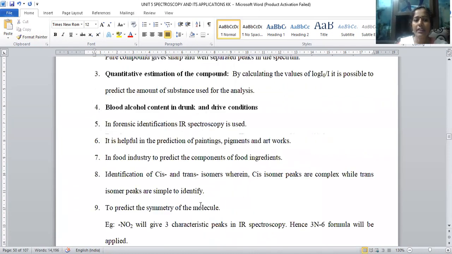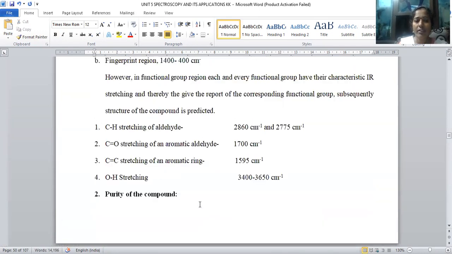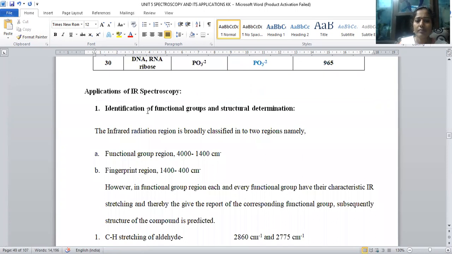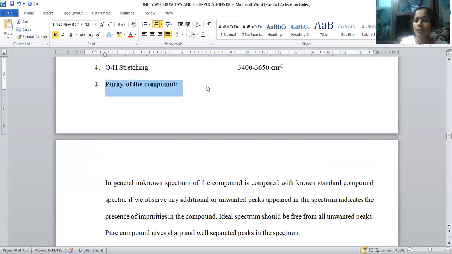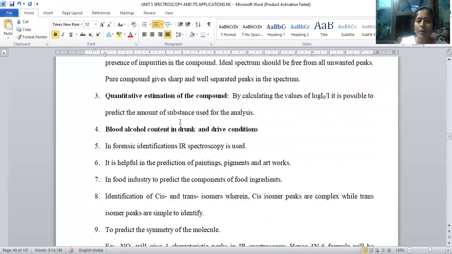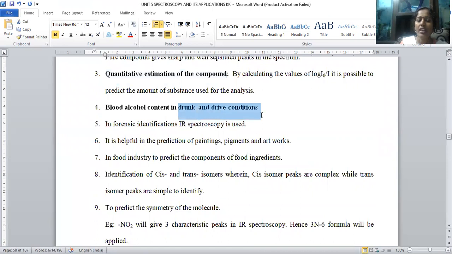By this, we completed all the applications of infrared spectroscopy. It is possible to identify the functional groups present in the compound. It is possible to predict the purity of the compound, whether it is pure or impure in nature. Quantitative analysis, either concentration, weight, or volume, can be predicted by using infrared spectroscopy.